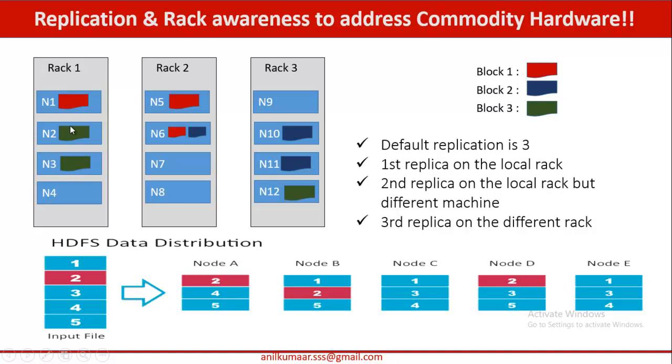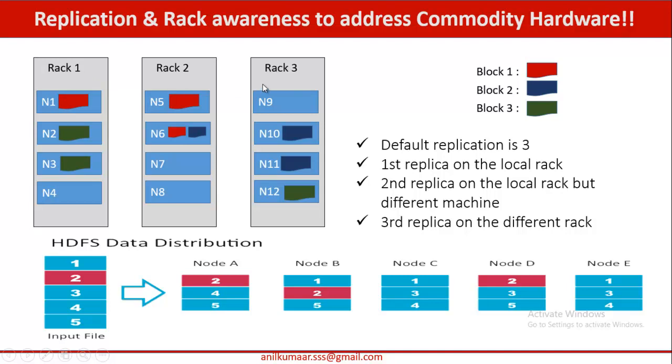You cannot keep all the replicas on the same node or the same rack. Why can't I keep all my replicas on the same rack? What happens if this rack is gone? That's it, I'm losing my data if I'm keeping all my data here itself. So I have to place these replicas in an intelligent manner, distributing the file replicas to different machines and different racks.